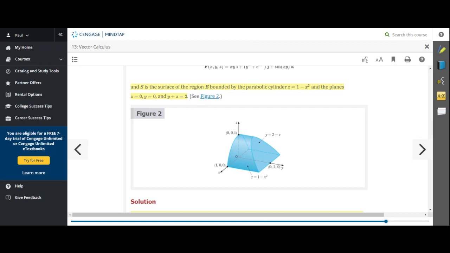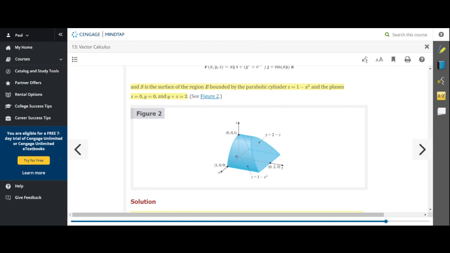Let me ask you this: would spherical coordinates be good? Spherical will not work well. And I actually agree with Ryan. Rectangular is probably the best way to go here.